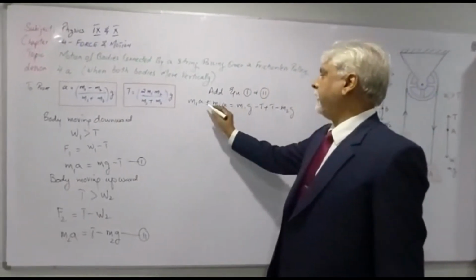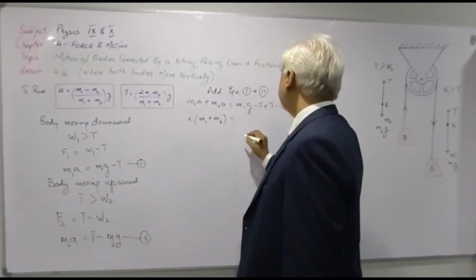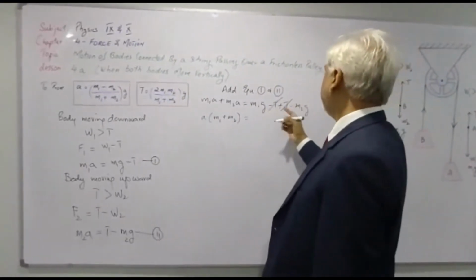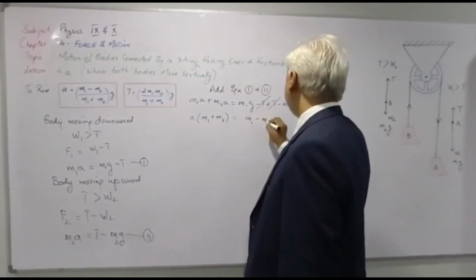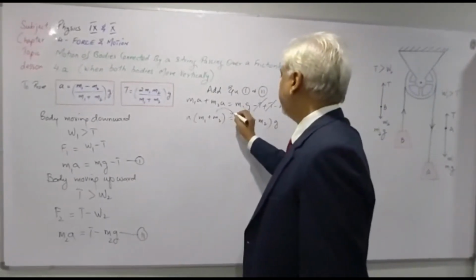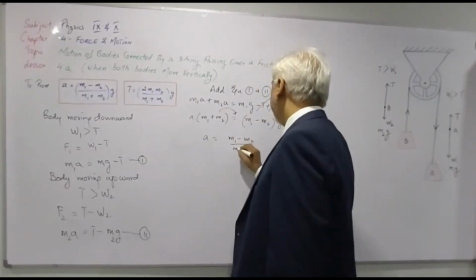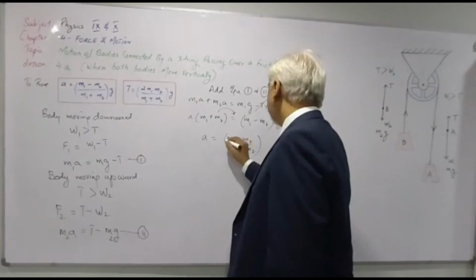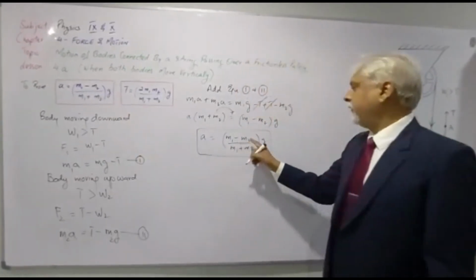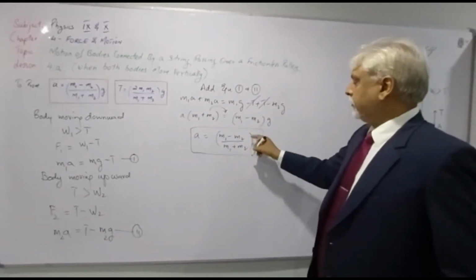Taking acceleration common, I'll get (m1 plus m2) a equals; minus T and plus T will cancel. Over here, if I take g common, I'll get m1 minus m2 times g. If I move this to the other side, I'll get acceleration equals m1 minus m2 upon m1 plus m2 times g. There you are. We've just proved the acceleration is equal to m1 minus m2 over m1 plus m2 times g.